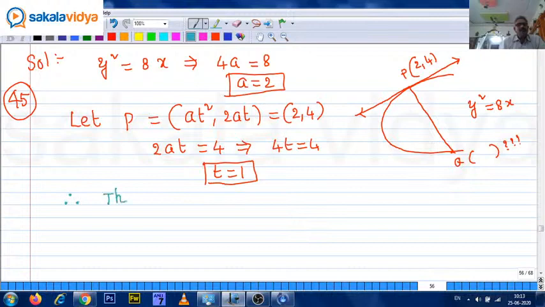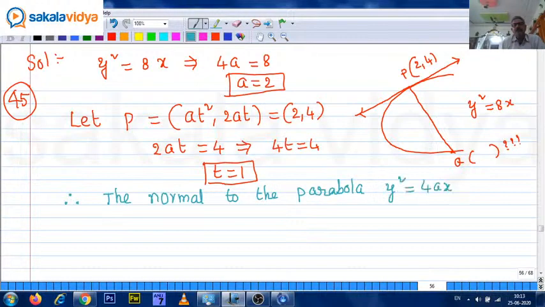The normal to the parabola y square is equal to 4ax at P of t1, just like this point, meets the parabola again at Q of t2.